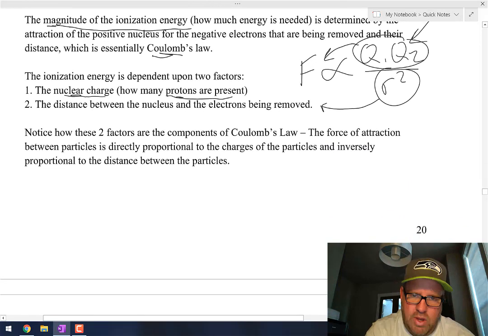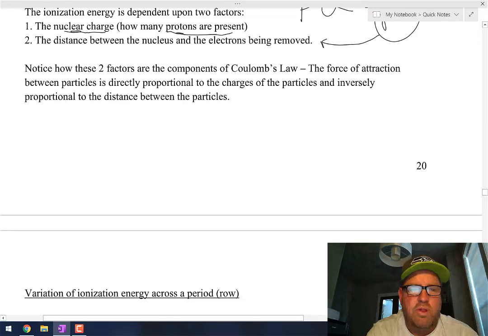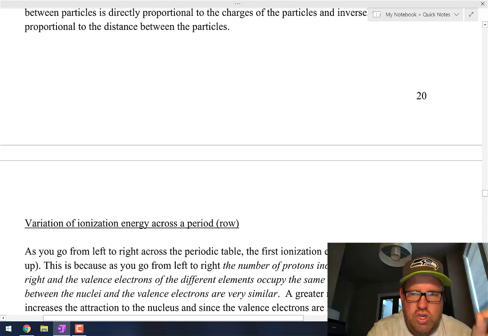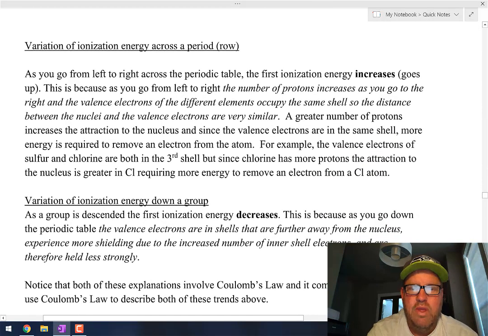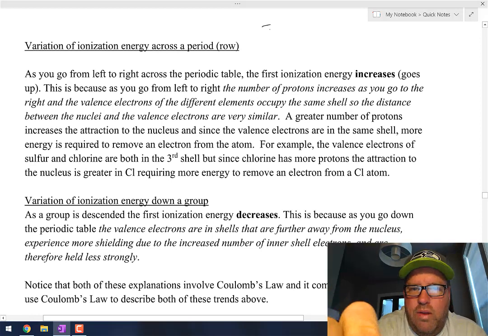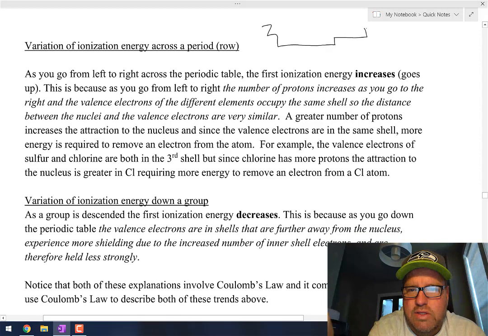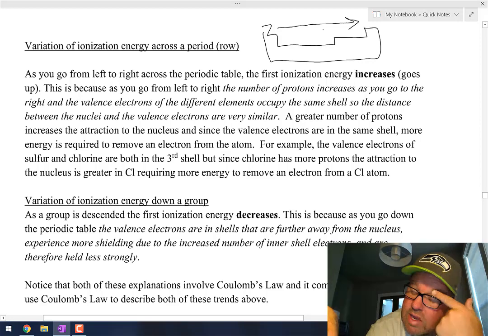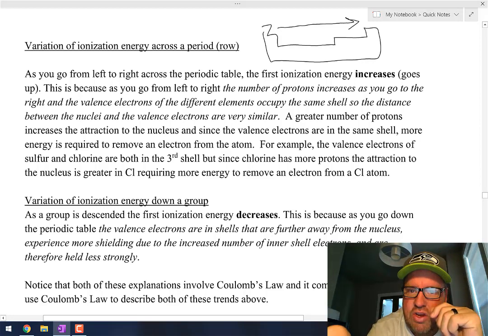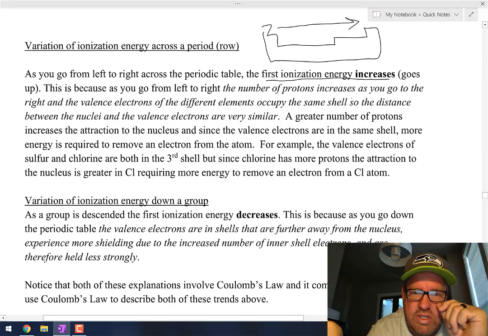Again, notice these are both parts of Coulomb's law that you should use to describe these patterns on the periodic table. So, number 1, here is a poorly drawn periodic table. As you go across the periodic table from left to right, what does the ionization energy do? The ionization energy increases. It goes up.